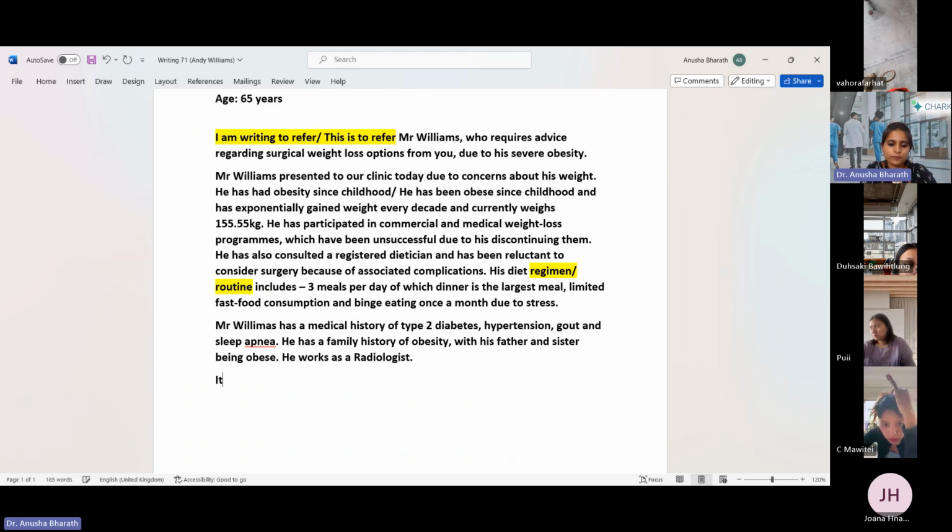Next, you can start by saying what? It would be appreciated or it would be beneficial because we are asking for advice. My suggestion is if a patient requires advice regarding surgery, or maybe medications or treatment options, then I think it would be better if you use the word beneficial.